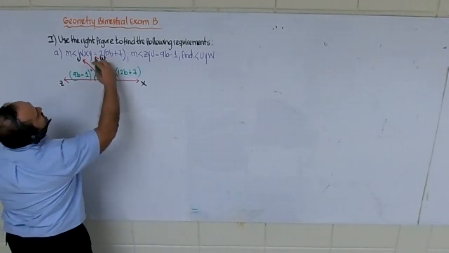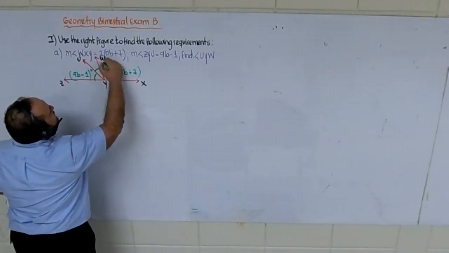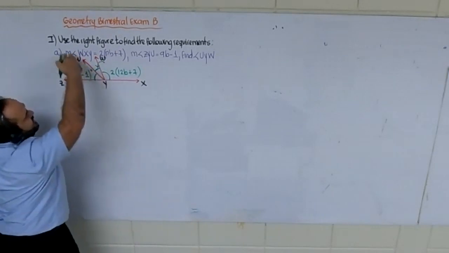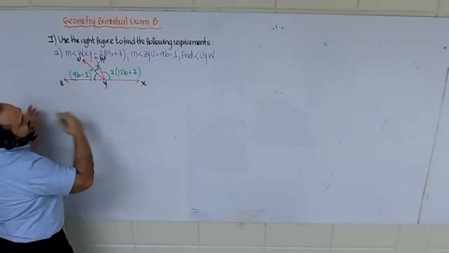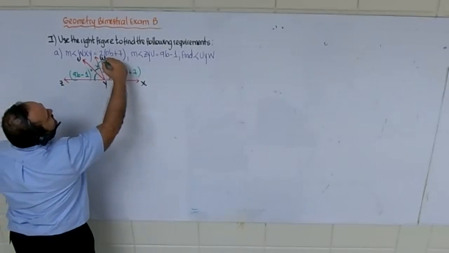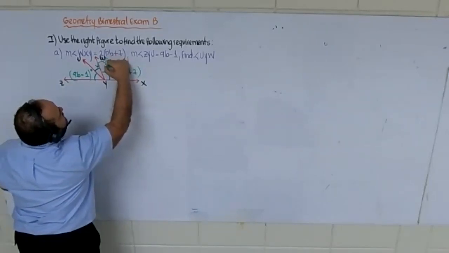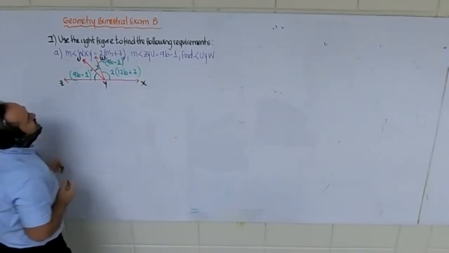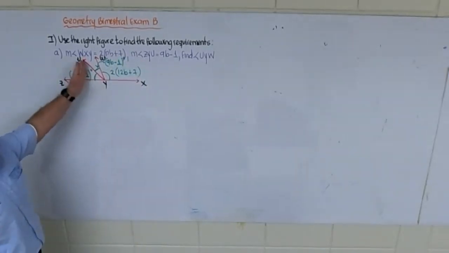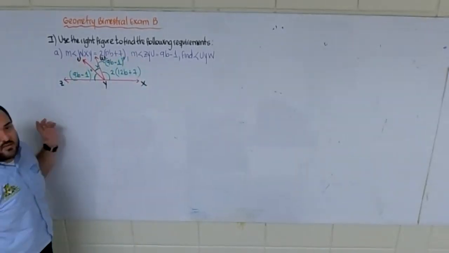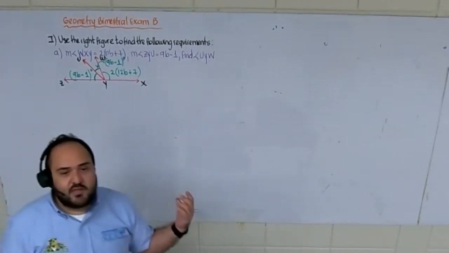Bisect means separate into similar parts. So the interior angle located over here also has a value of 9B minus 1 degrees, because it bisects the angle into similar parts.